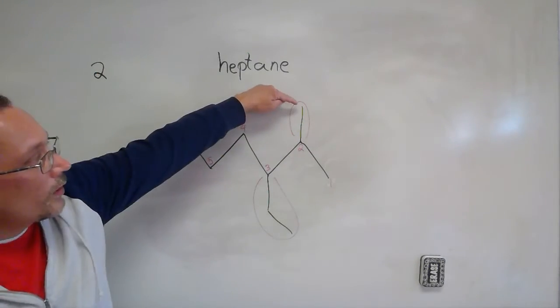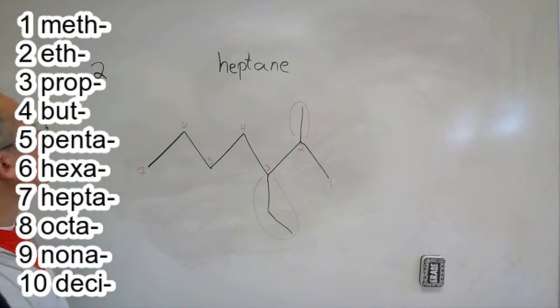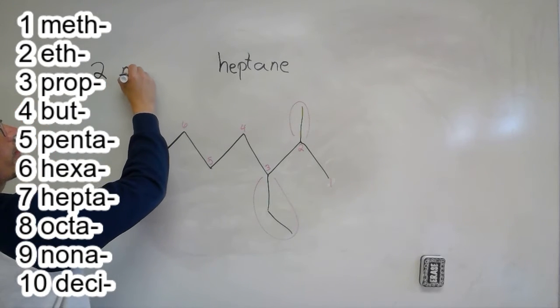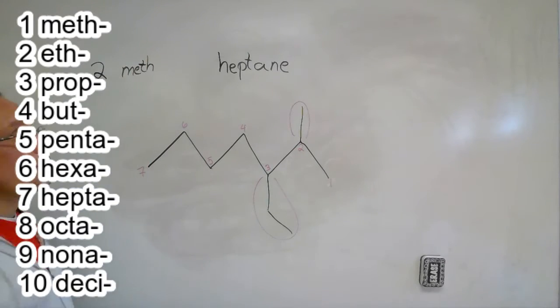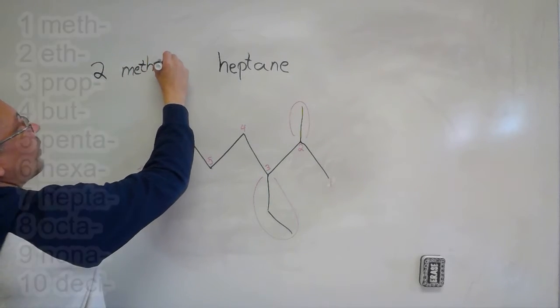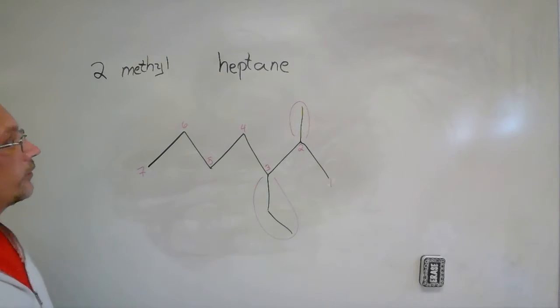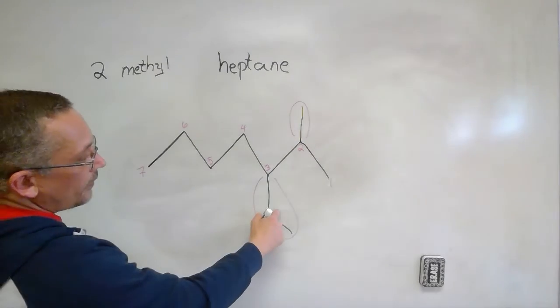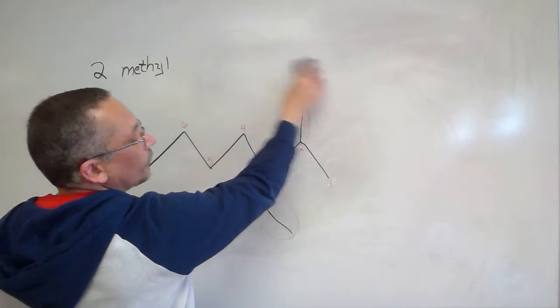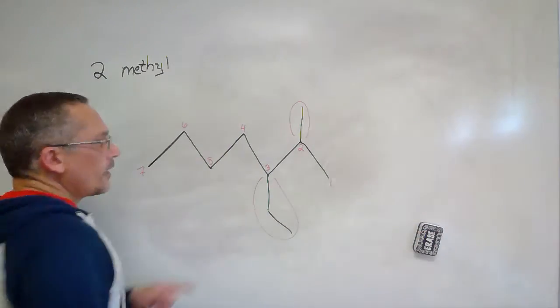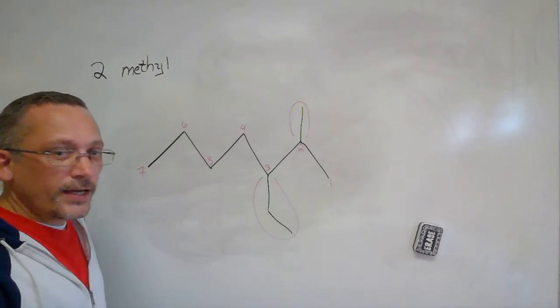And having only 1 carbon atom in that branch, it'll have the prefix meth. And the suffix for a branch, yl. So it's 2-methyl. Let's see, let's name this other branch here. I'm going to move my word heptane over a little bit so that I got room for it. Let's name the other branch, and then I'll put heptane back there.